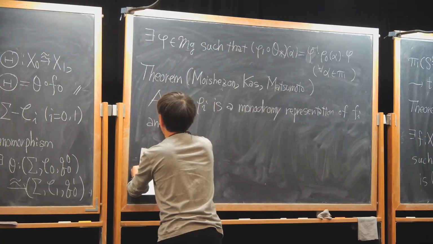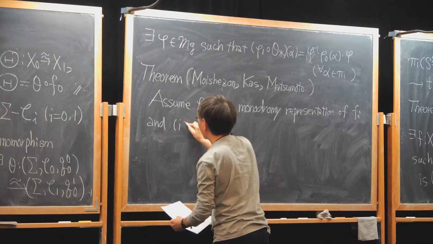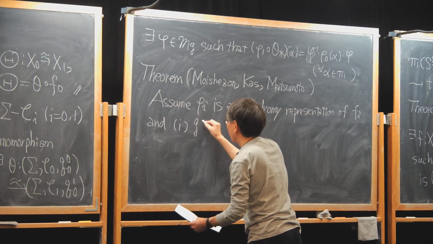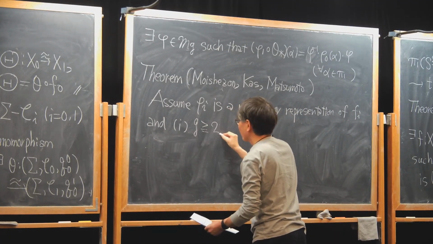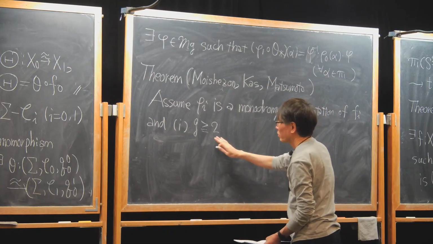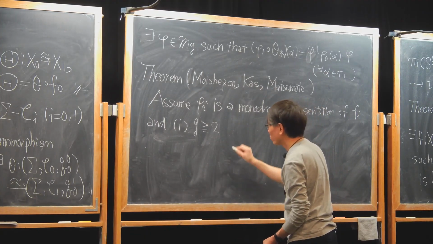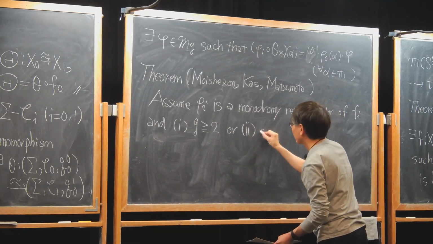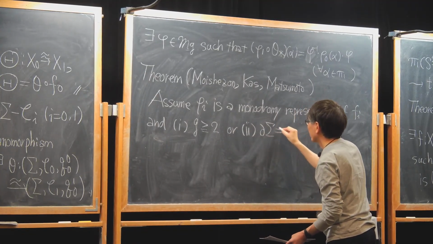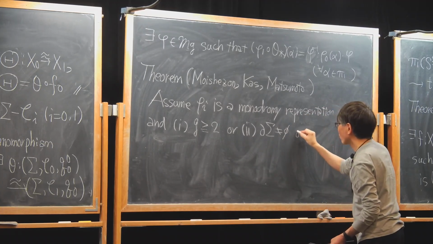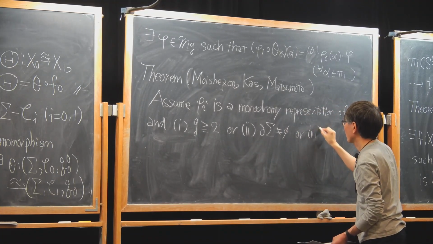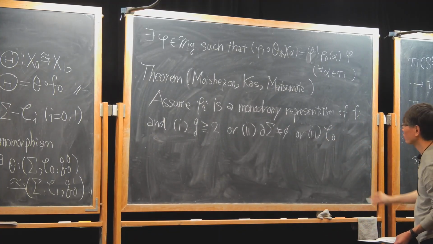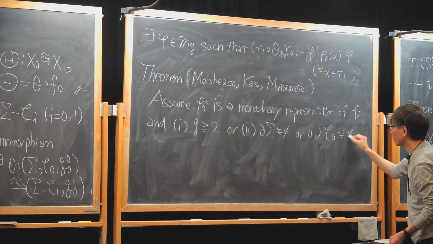And also, one of the following is satisfied: g is greater than or equal to 2, or the boundary of Sigma is not empty, or the set of critical values of F_0 is not empty.